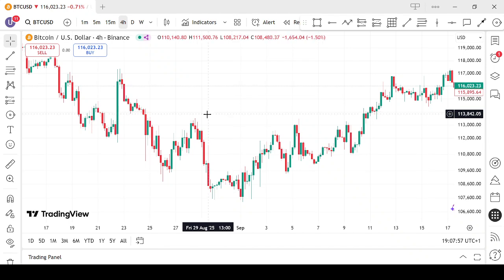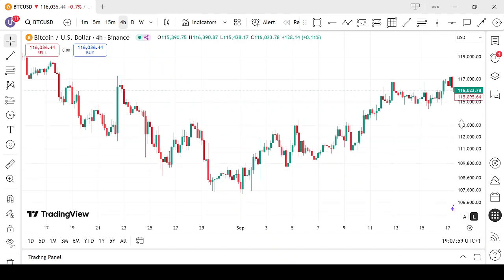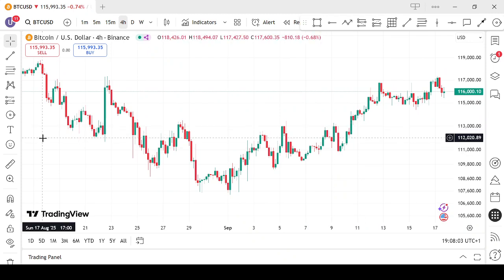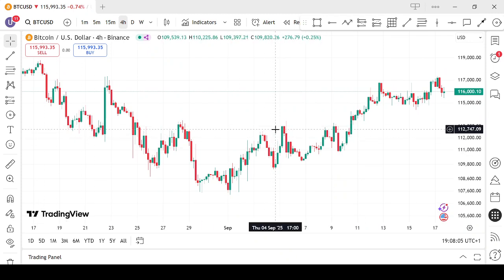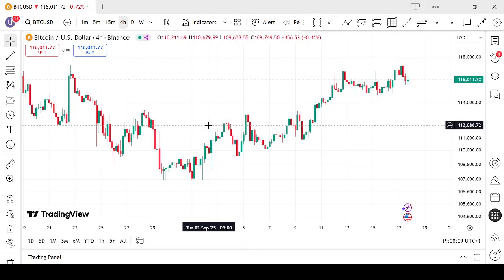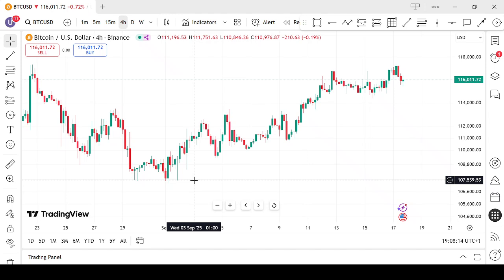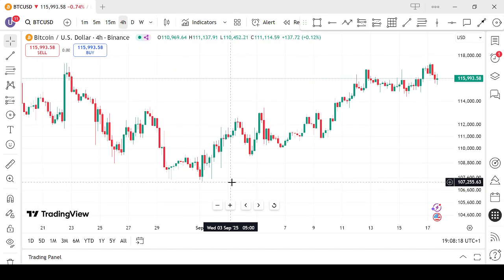We first start by understanding what cryptocurrency and crypto trading is. Cryptocurrency is a type of digital money that exists only online. Unlike traditional currencies issued by governments, cryptocurrency is decentralized, meaning no single authority controls it.